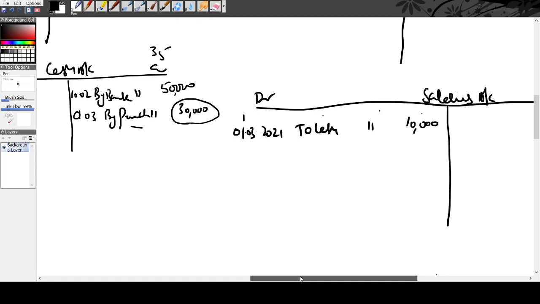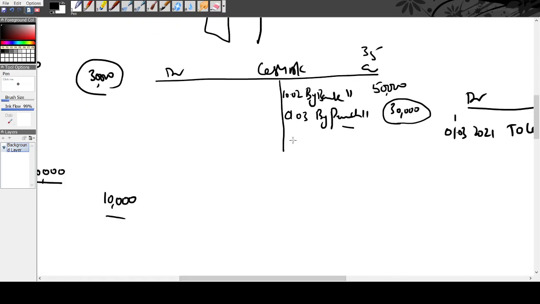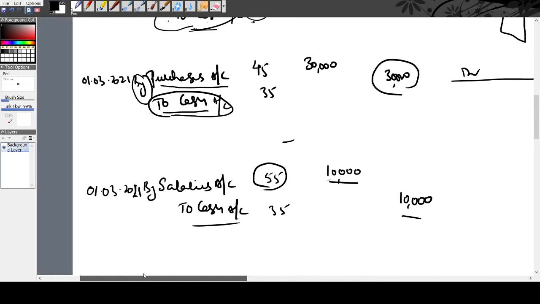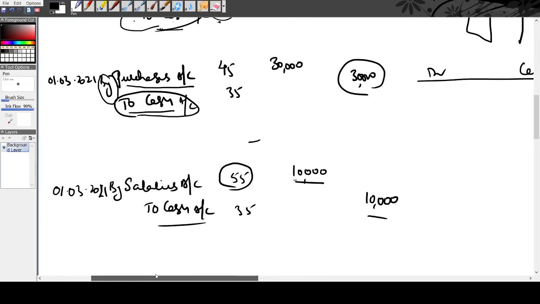How do I post it in the cash account? 1st March, I'll write here by salaries 10,000. Where is it recorded? It is recorded in page number 11 of the JF. So this is how I post the journal entries in the ledger account.